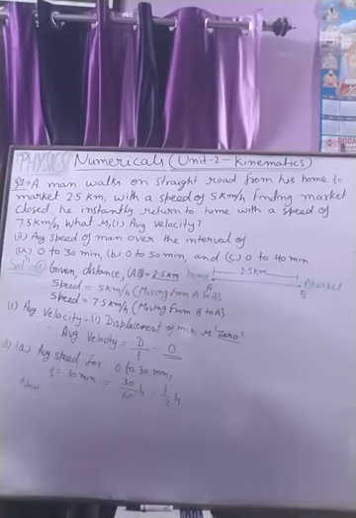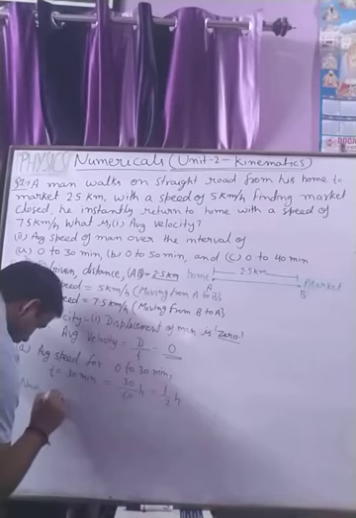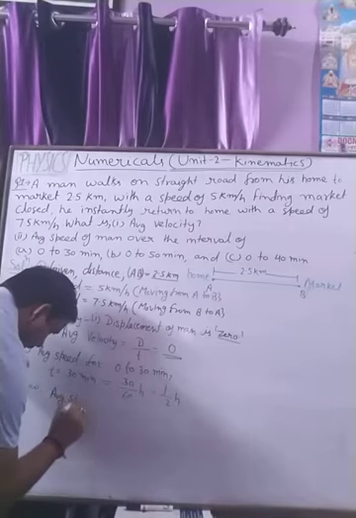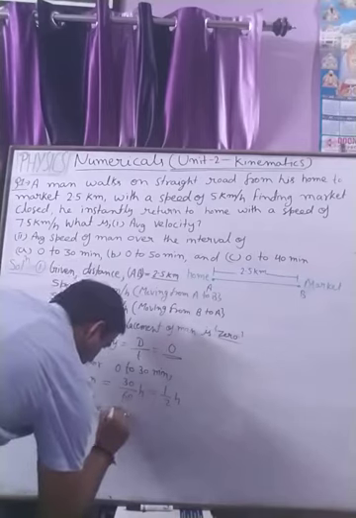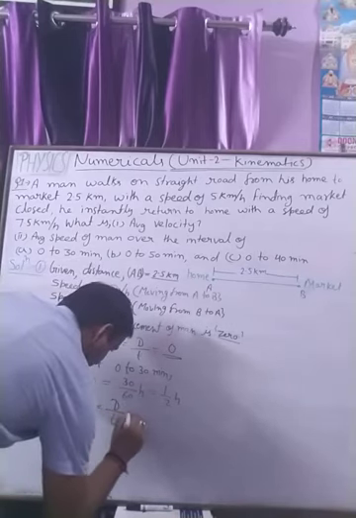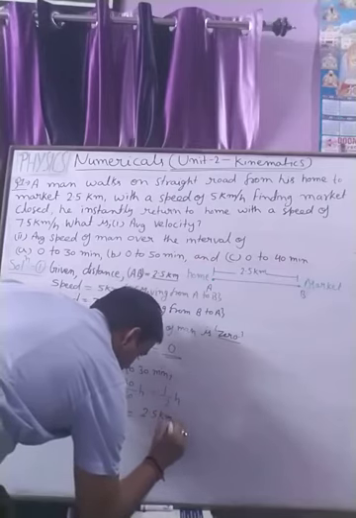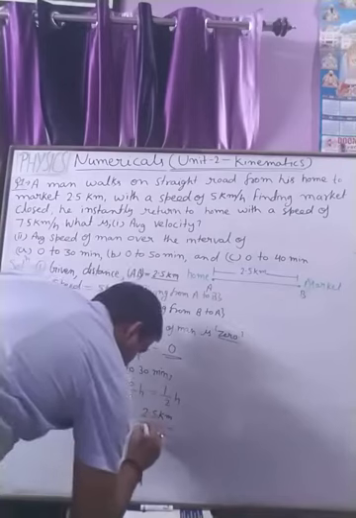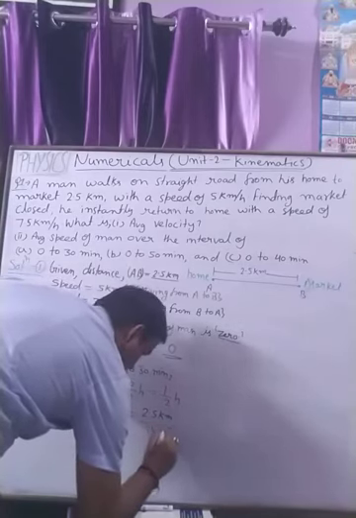Now we have that average speed is equal to distance upon time, and distance we have 2.5 kilometer upon we have time, that is 1 upon 2 hours.